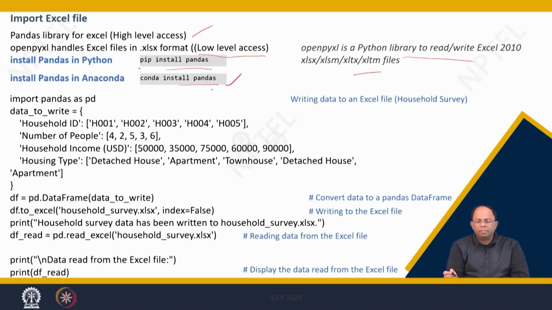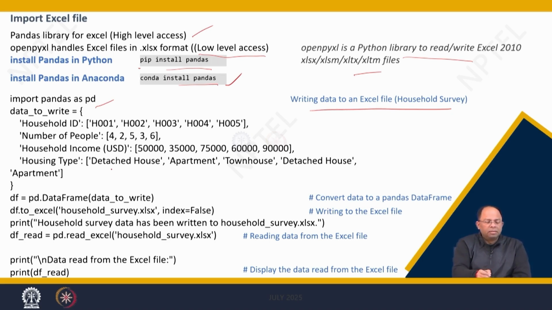Next, we are writing data to an Excel file, household survey. We import pandas as pd, then data to write, same as we did in the previous lecture. We first specify what data needs to be written: household ID, number of people, household income, housing type.